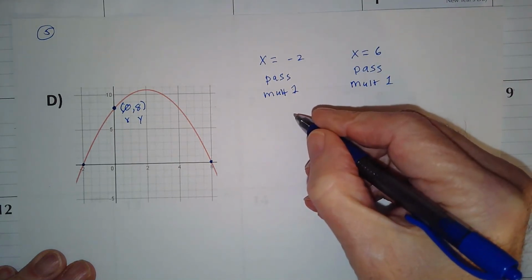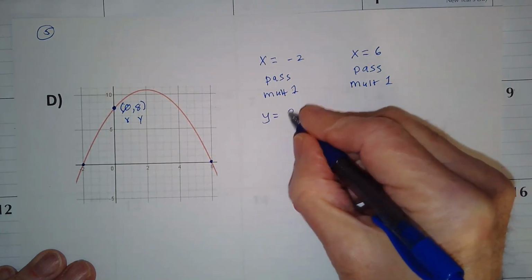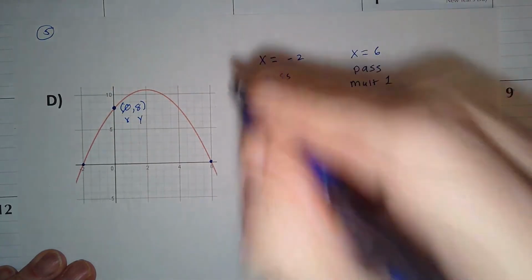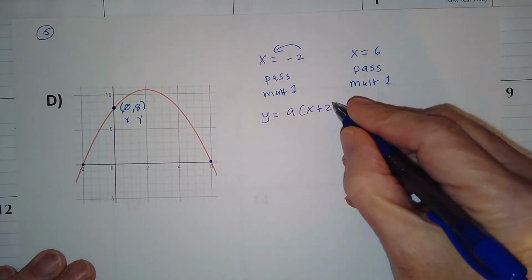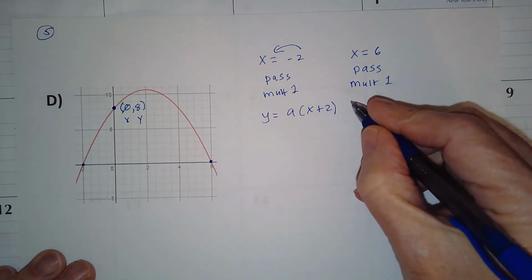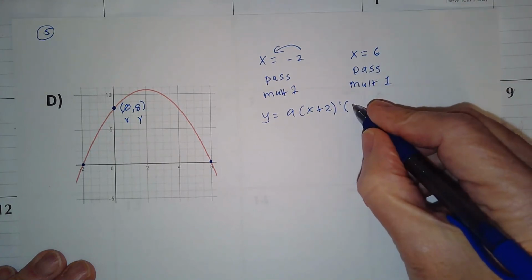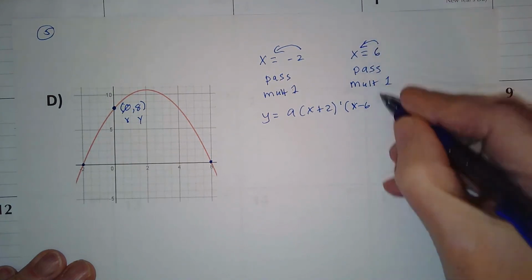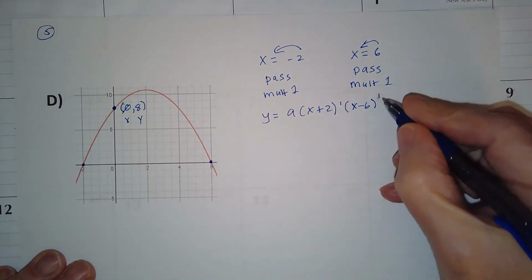And so we're going to write this equation. Y equals a times x plus 2, because again, we're going to move the -2 over, and it's to the 1, times x minus 6, because we're going to move this 6 over to the other side, and it's also a multiplicity of 1.